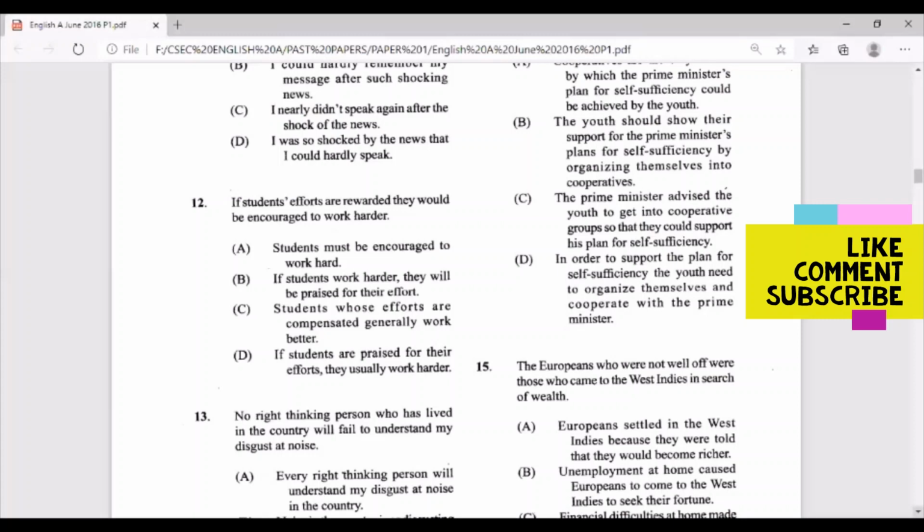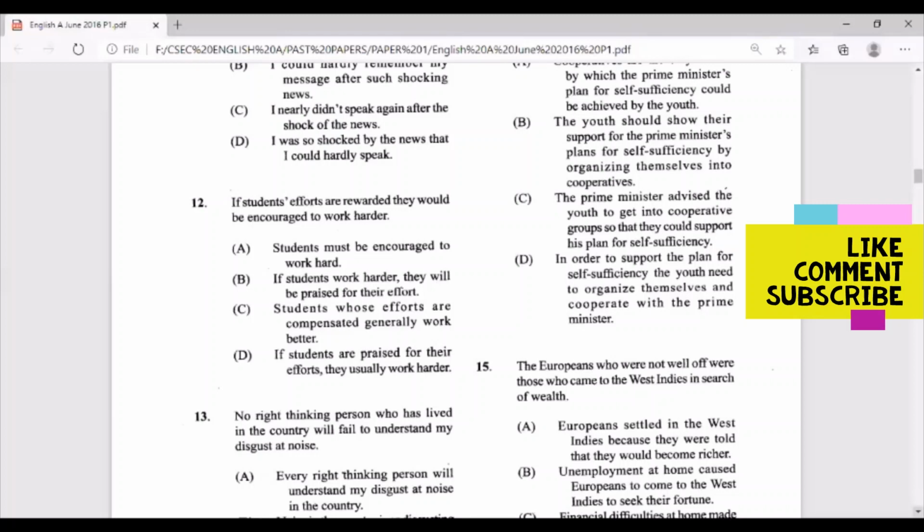They're saying generally work better. That's where we're off, because there wasn't a generalization that they do work better because they're compensated, and compensated is a little bit different from being rewarded, but let's work with it.